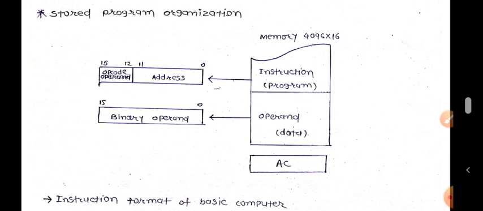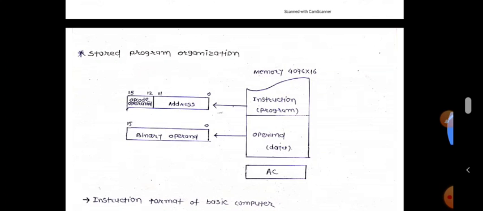It means the instruction is divided into two parts. The first is 0 to 11, the address part, and 12 to 15 is the opcode. Then the operand, it means data, is a 16 bit binary operand. And the last one, AC, means accumulator. Accumulator means the processor register of our computer.